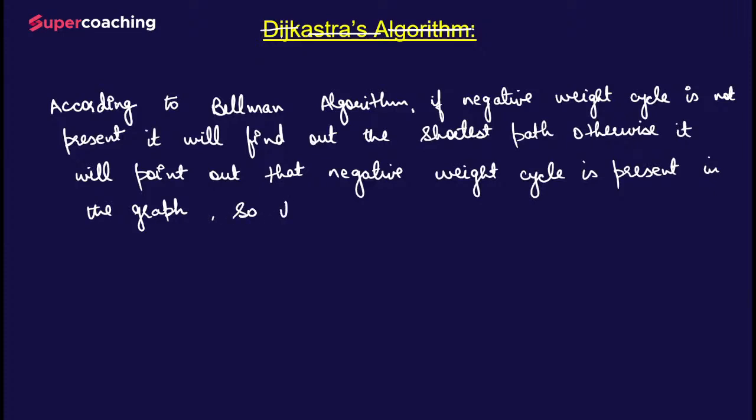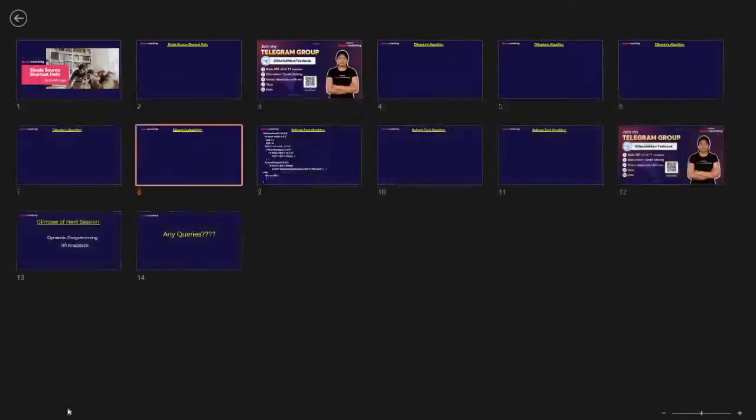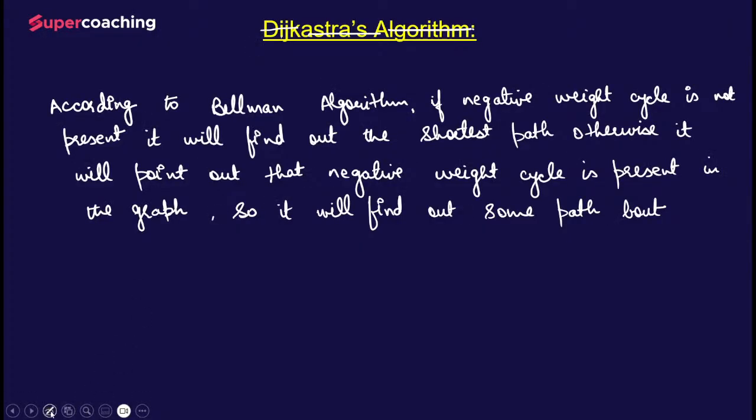So it will find out some path, but that path may not be the shortest path. So it will return some path, but not necessarily the shortest path.